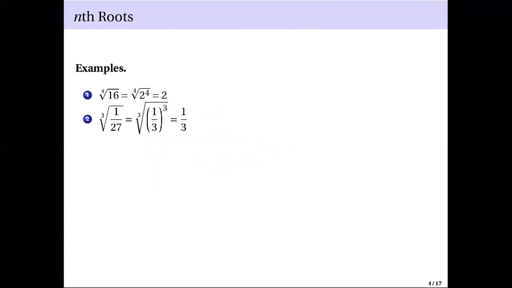So again, if cube root of 1 over 27 is equal to b, this means that 1 over 27 must be equal to b to the power 3.